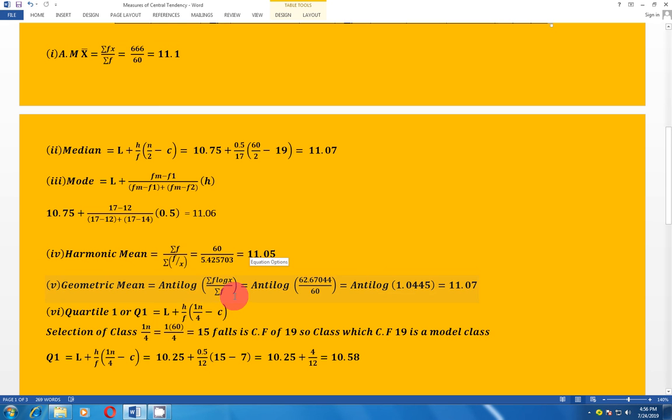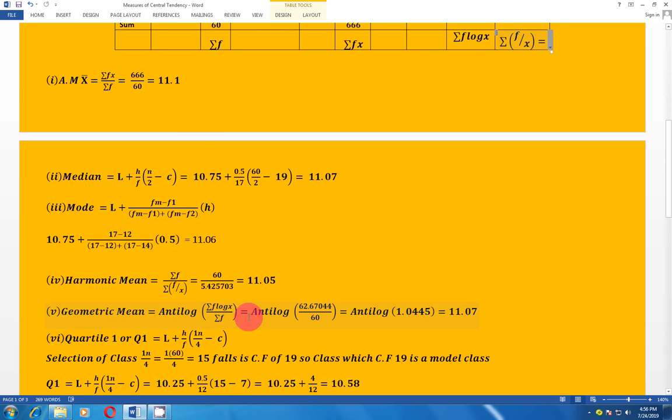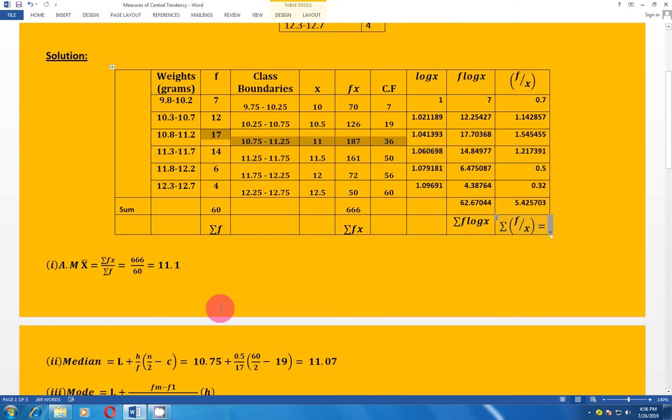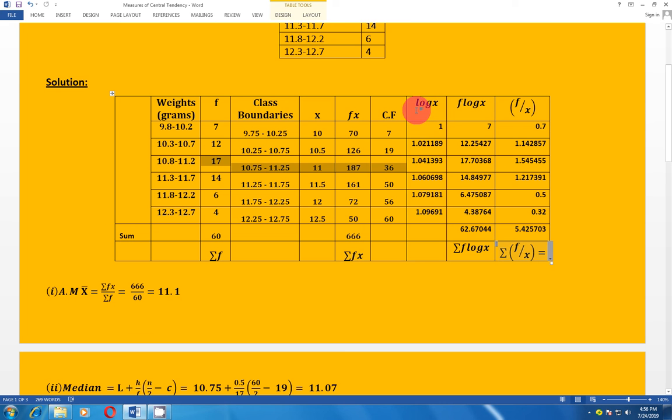After that, the fifth average is geometric mean. The formula for geometric mean is equal to the anti-log of sum of f log x divided by sum of f. So we will have to calculate the log of x first, and after that we will multiply each log of x with the respective frequency.